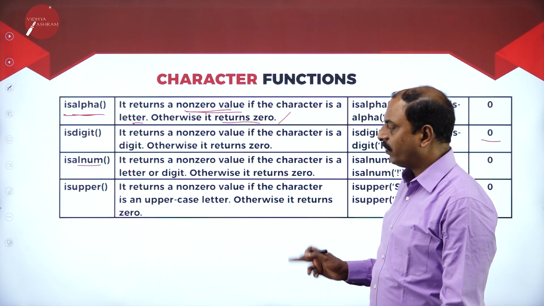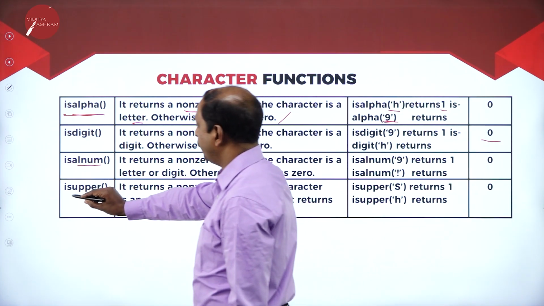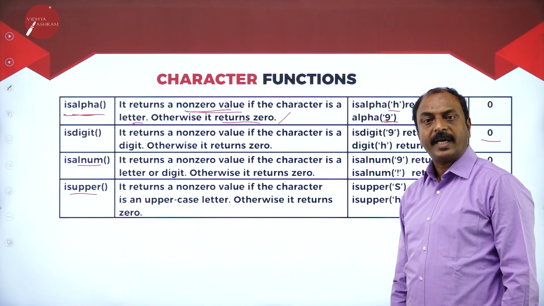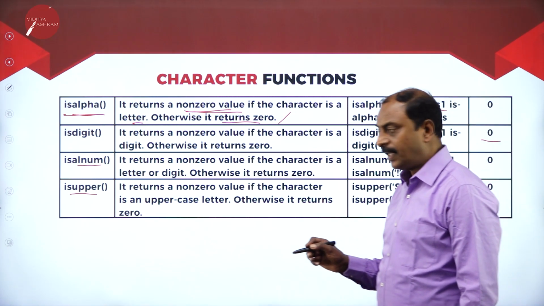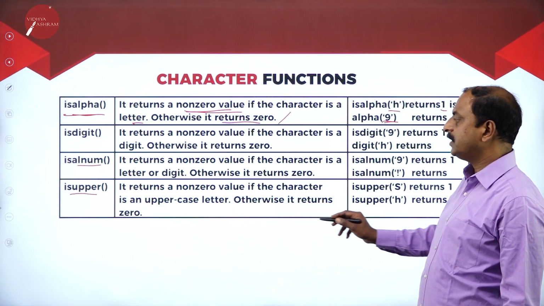It works for alphabets as well as numbers or digits. isupper checks whether the input character is in uppercase or lowercase. If it is in uppercase, it returns 1, and if it is in lowercase, it returns 0.